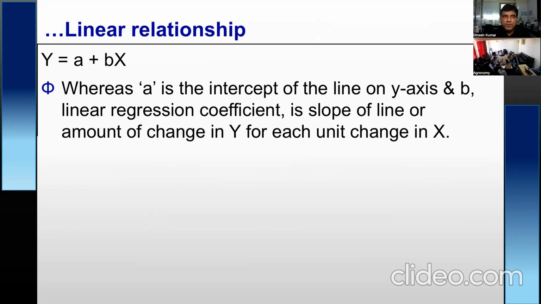And B is the regression coefficient, which is the change in Y due to unit change in X. Delta Y upon delta X is your B. It is called the slope of the equation. Steeper the slope means the value of the regression coefficient is higher, or shallower the slope, the value of B is low.